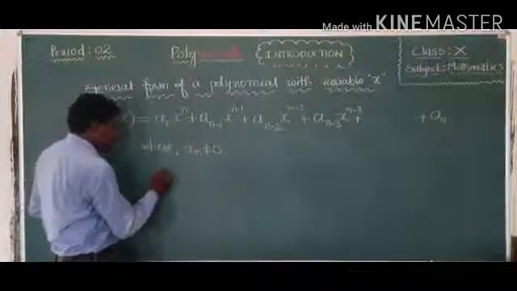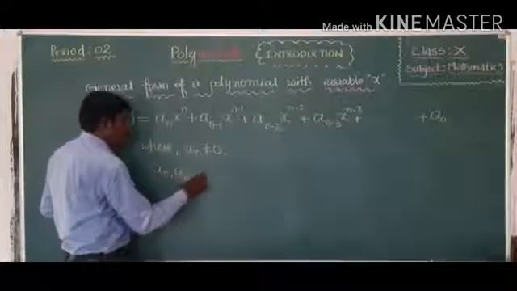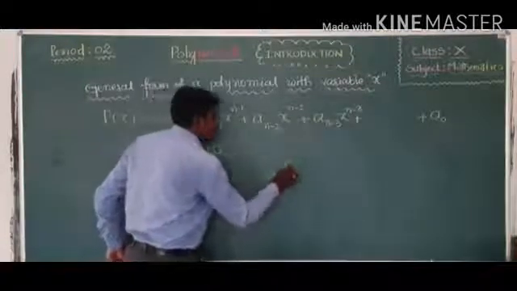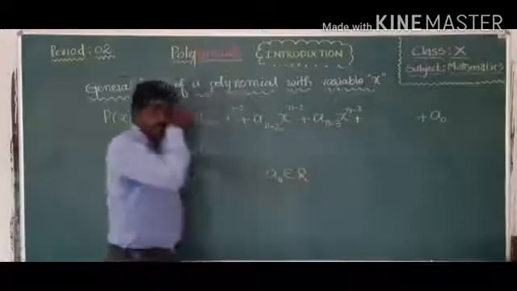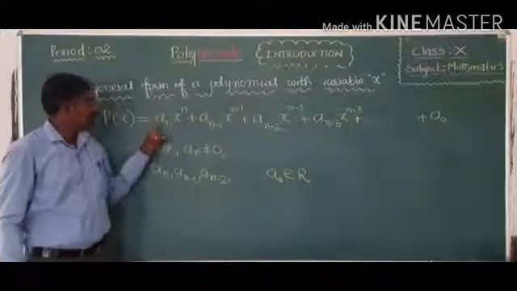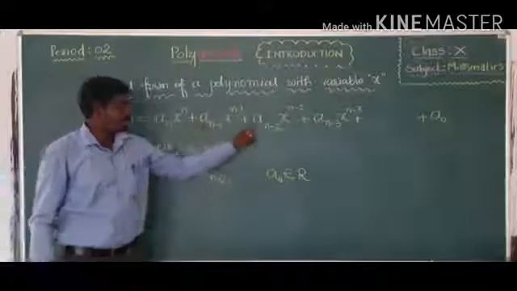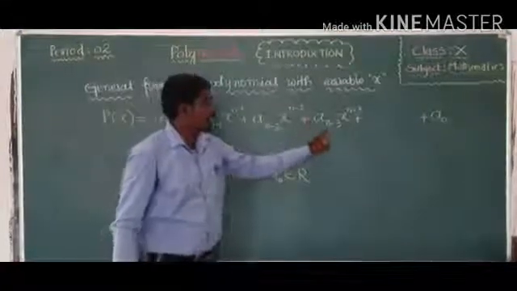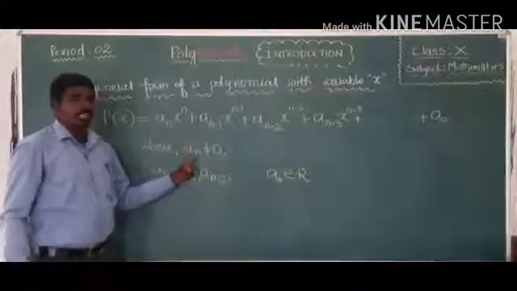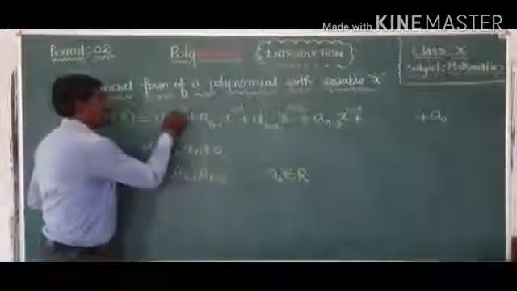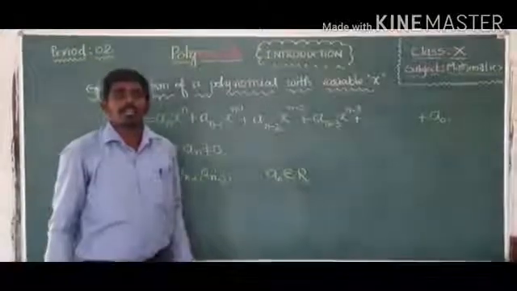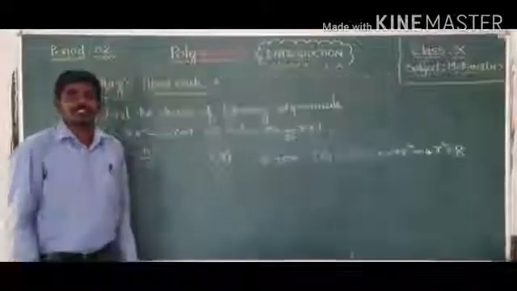And a n, a n minus 1, a n minus 2, up to a naught belong to real numbers, and x is the variable. This is the general form of a polynomial with variable x.